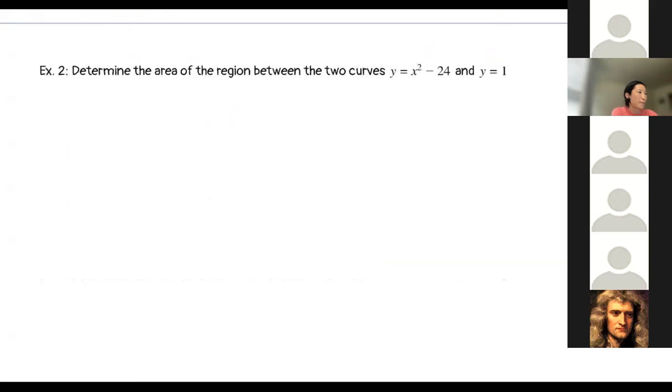Okay, so we've got this question: determine the area of the region between the two curves. We have one curve that is x squared minus 24, and we have a second curve that is y equals 1. Will the bottom bound always be the one that is further left on the x-axis?